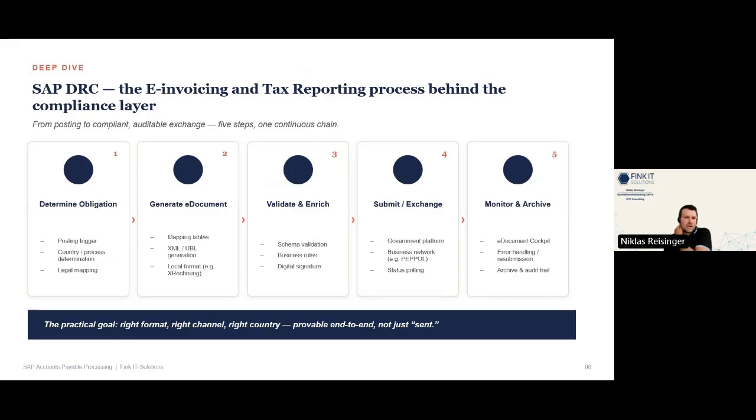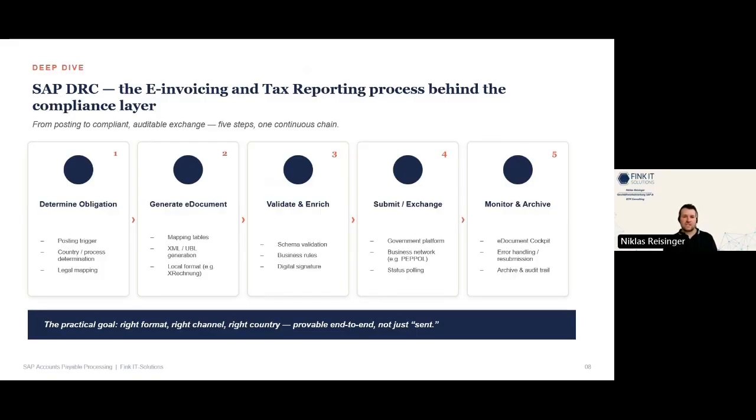So regarding outgoing invoices, an e-document is generated using mappings, different formats for different countries, like in Germany, X-Rechnung, in Italy, Fattura PA. And after the generating of the e-document, you have the validate step in the DRC solution.